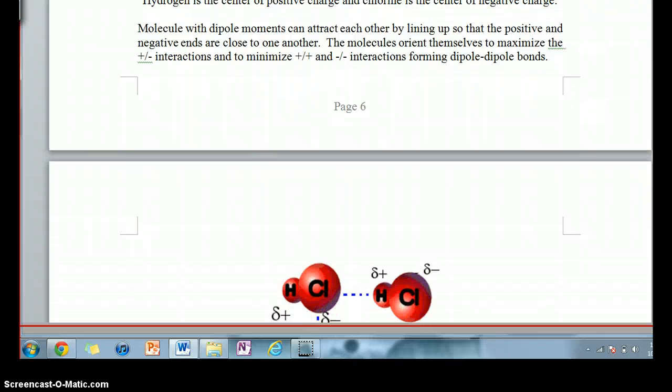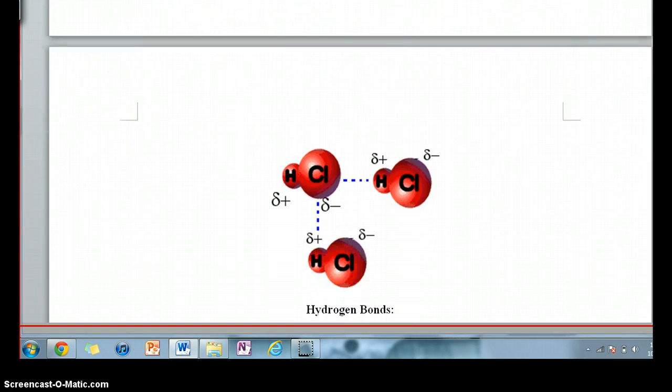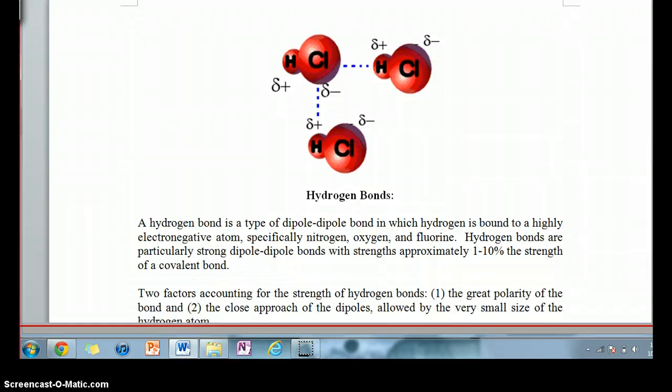They are going to arrange themselves in order to maximize the positive-negative attractions and minimize their repulsions. That's how all of our molecules will organize relative to one another, because that's the most energetically favorable. So this would be our dipole-dipole bond, and within the molecule itself is our polar covalent bond.